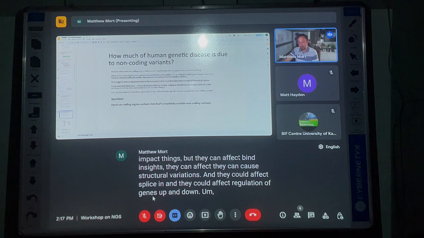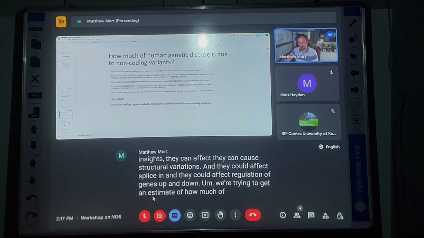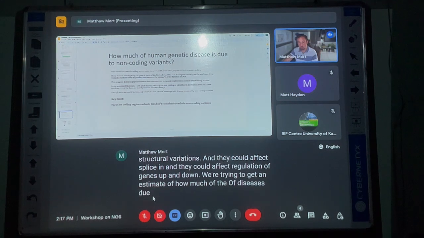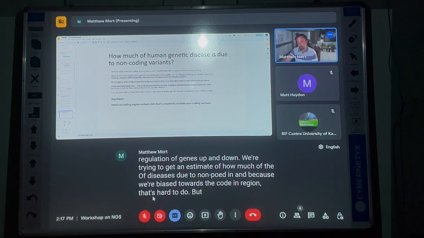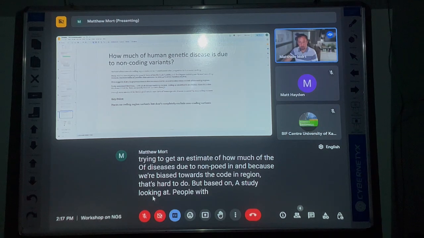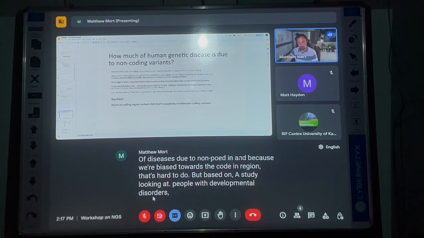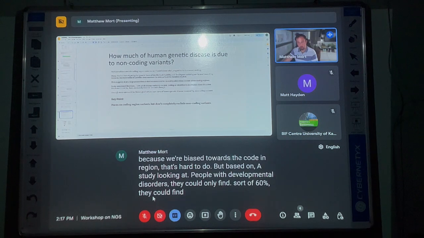We're trying to get an estimate of how much of the disease is due to non-coding, and because we're biased towards the coding region, that's hard to do. But based on a study looking at people with developmental disorders, for 60% they could find a mutation, and for 40% they couldn't find any mutation.